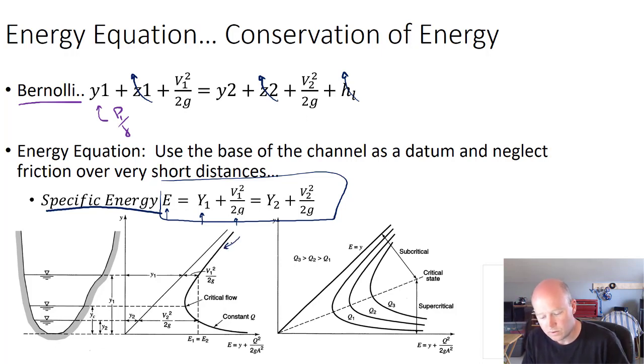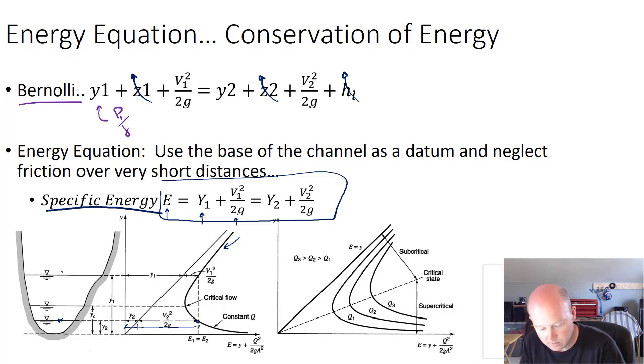So what you can see is that at relatively shallow depths, we've got a relatively small amount of pressure head and a relatively large amount of velocity head. That would be this point.